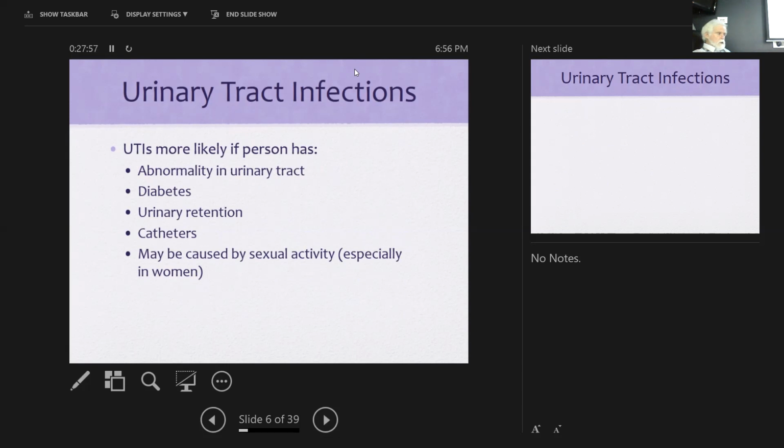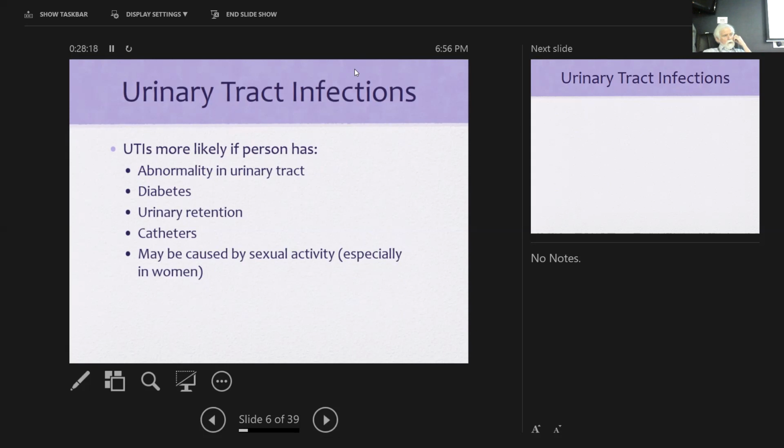UTIs, I said that 40% of hospital-acquired infections are urinary tract infections. The vast majority of those are catheter-related. And we'll talk about catheter-acquired UTIs later on in the class.